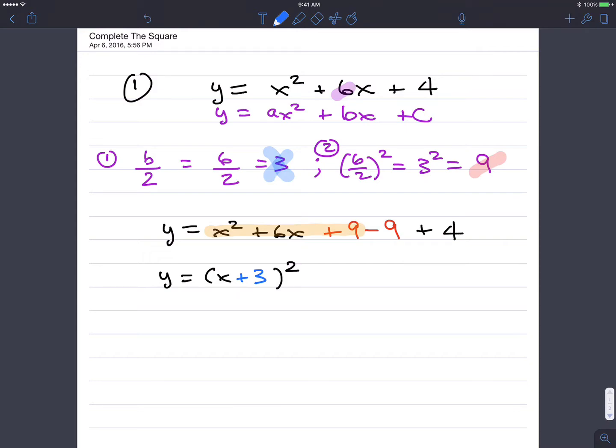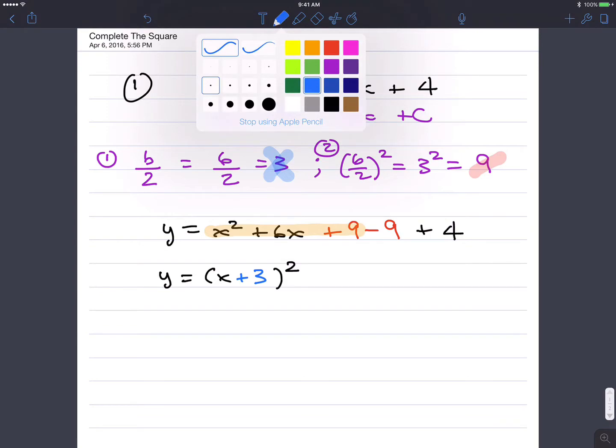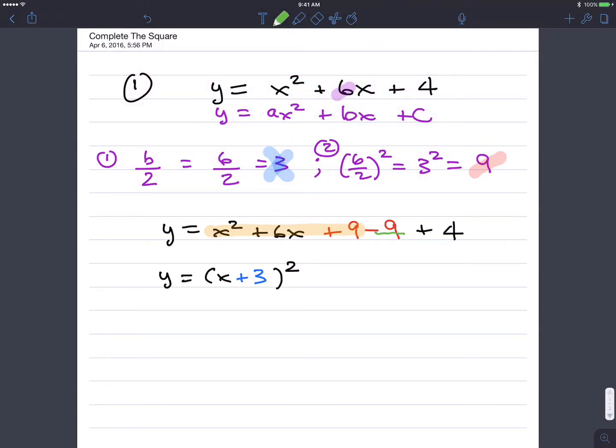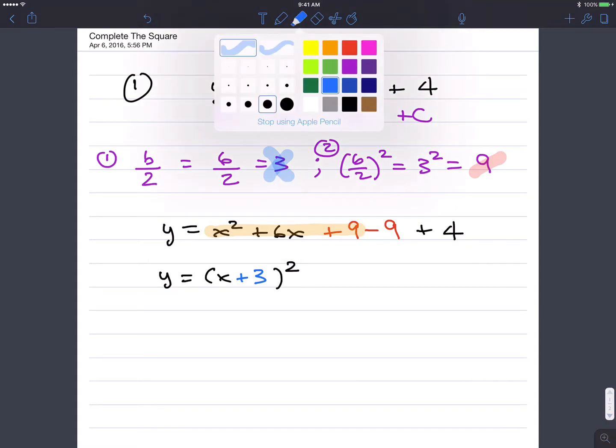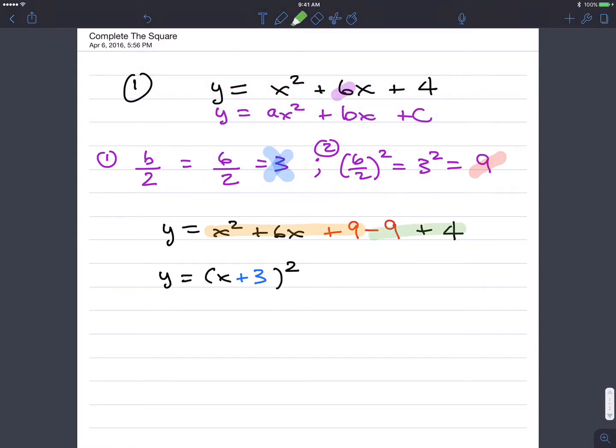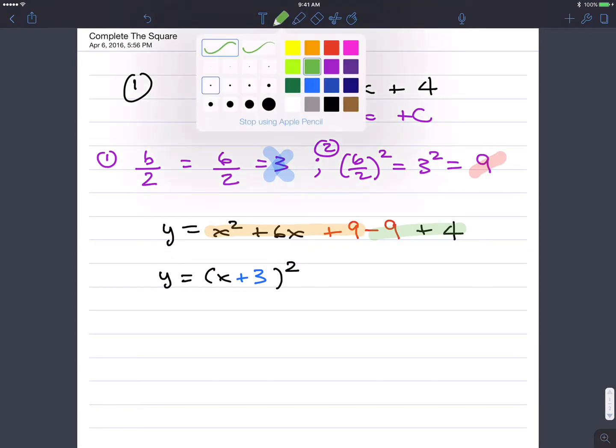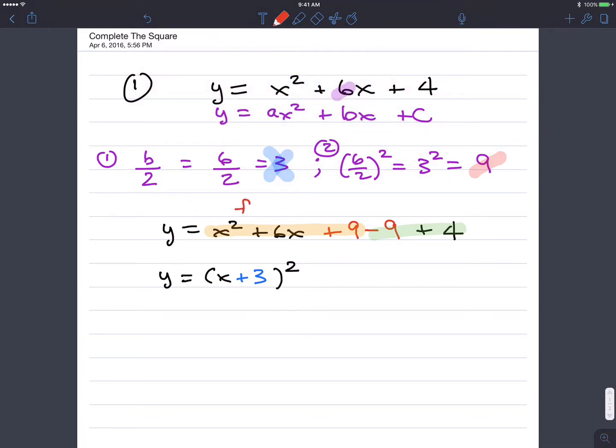So this is what I mean by we're going to use this value. We're always going to use that value in completing the square. And the very last step now would be to simply perform the arithmetic with this minus 9 and this plus 4. So here's where I do my arithmetic. And to summarize again, just so you guys know, factor here, it's a perfect square trinomial, and simply do the arithmetic over here.